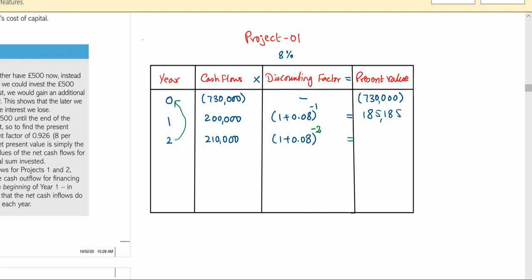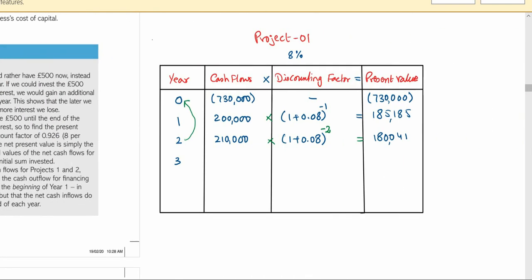The answer will be this multiplied by this equals the present value. When we take 1.08 raised to the power minus 2, the answer will be 180,041.